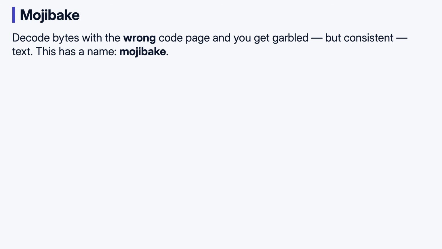When software decodes bytes with the wrong code page, the text comes out garbled. That garbling has a name borrowed from Japanese, Mojibake. It is not random noise. Each byte still maps to some character, just the wrong one, so the damage is consistent and even reversible.